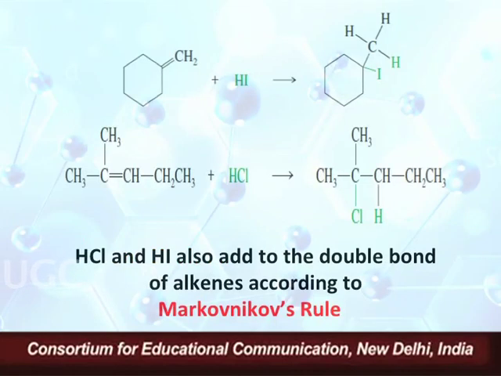Not only HCl and HBr, HI can also add across the double bond according to Markovnikov's rule. In the first example, I have taken methylene cyclohexane, and in this case again HI is adding across the double bond according to Markovnikov's rule, giving rise to 1-iodo-1-methyl cyclohexane.